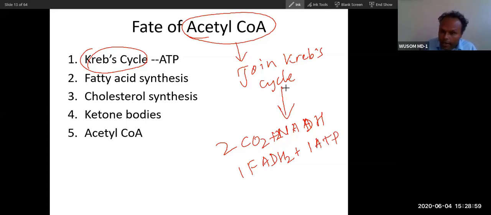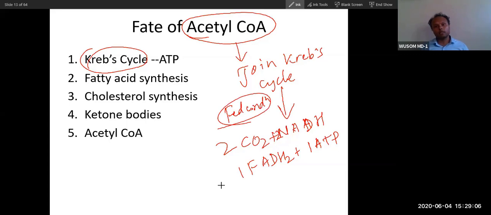And this happens during fed condition. Okay, acetyl coenzyme A will join the Krebs cycle during fed condition. Remember this.